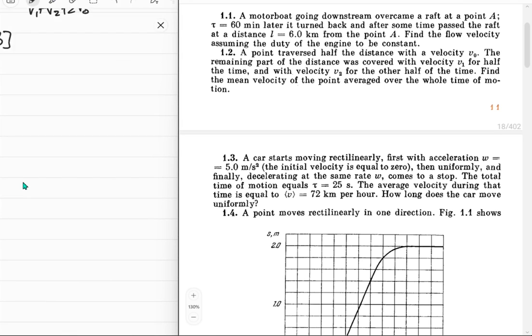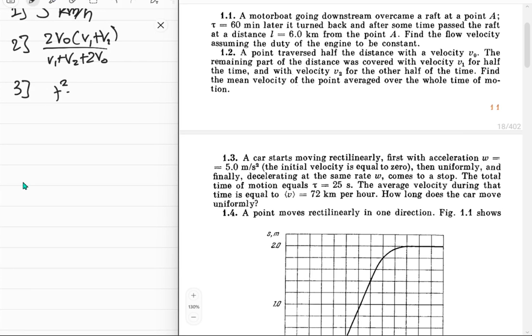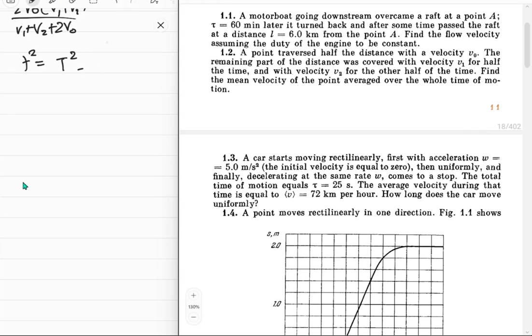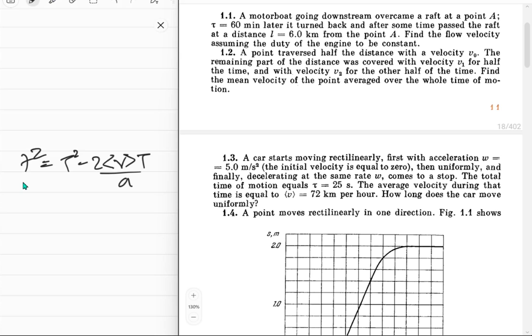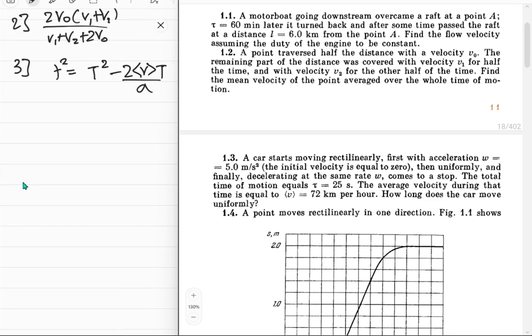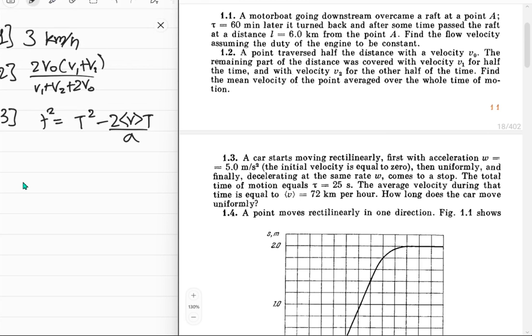The formula is. So the thing is, t square is equal to capital T square minus 2 times this quantity, times T upon a. Cool. So that's t squared right there. So small t is just equal to the square root of that.